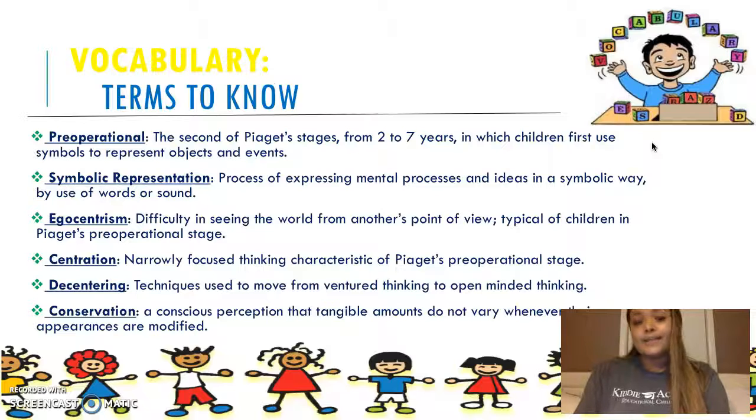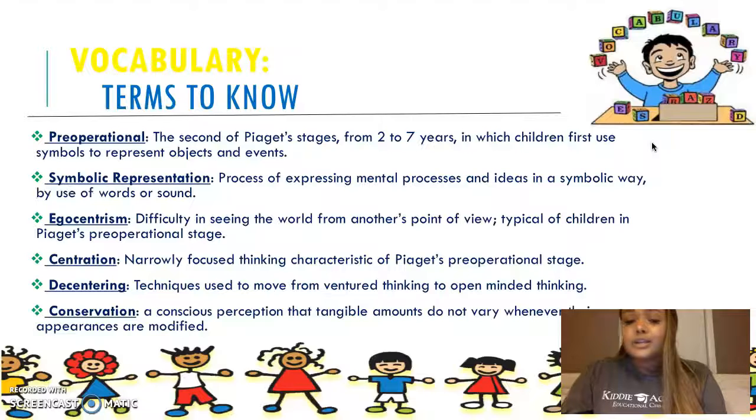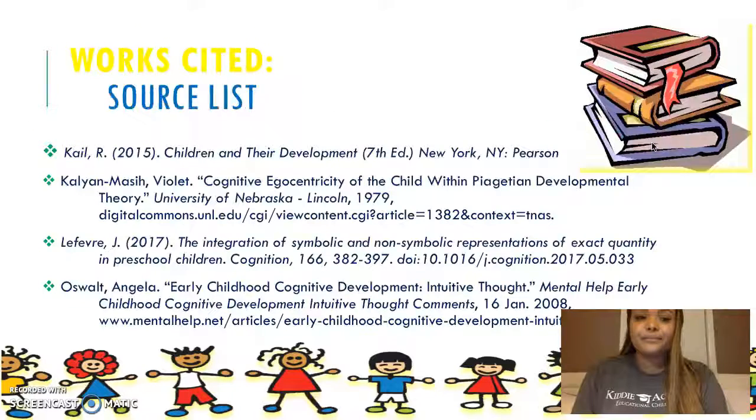So on this slide, I have some vocabulary just in case it wasn't already clear to the teachers based off context clues as to what preoperational means, symbolic representation, egocentrism, centration, decentering, and conservation. They can always look back at it and refer to it. And here, of course, I have my work cited.